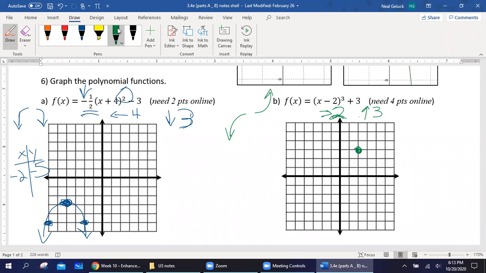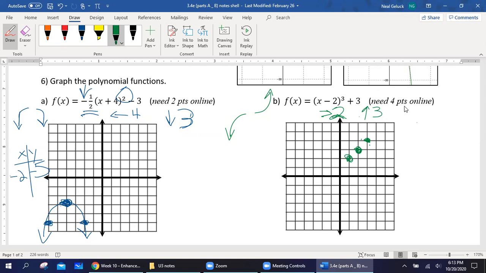There's no stretch or compress, and if you remember on the cubic, you'll have a point diagonal down and left, diagonal up and right. Now online, it's going to need 4 points. Another point you could get on this would be the y-intercept.